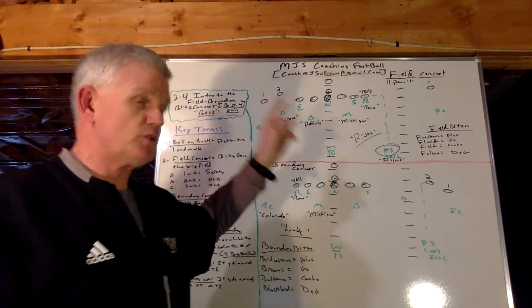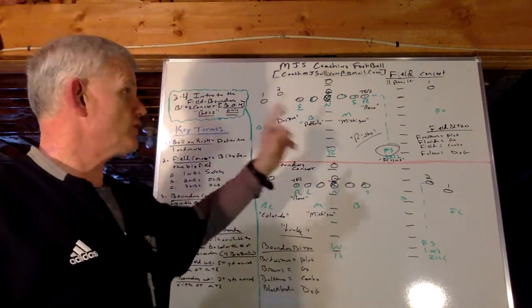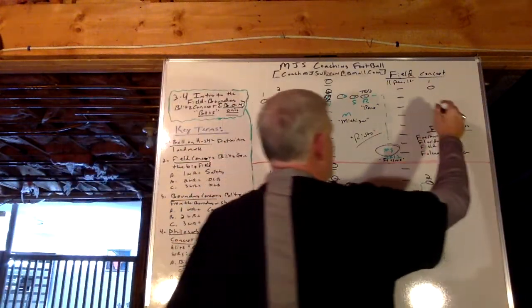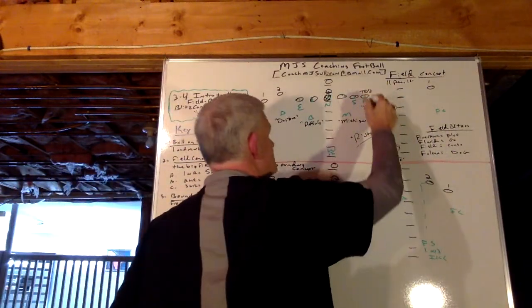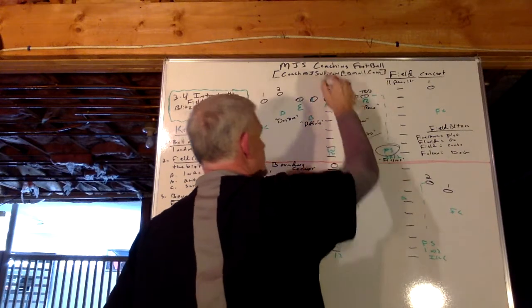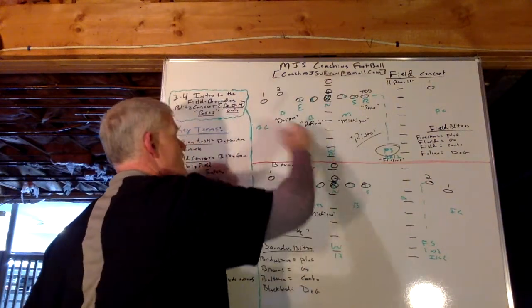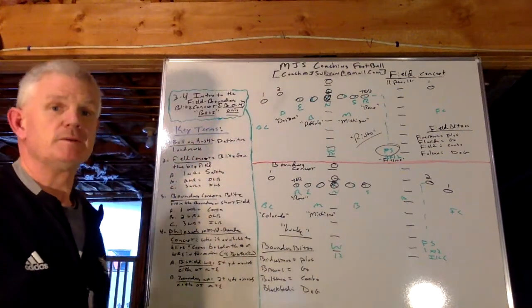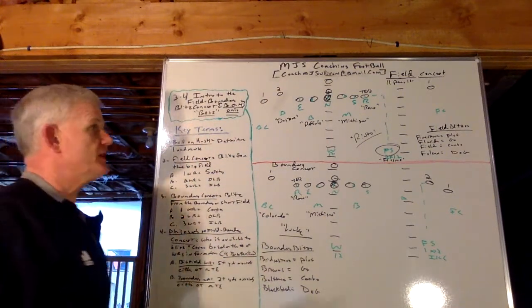He can execute the plug. He can execute the go, the combo, and the dog. And he's available to cover. All of these guys are available to cover. And that's the simplicity of it.